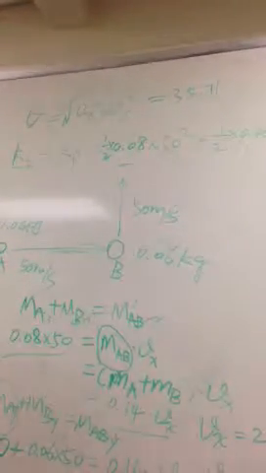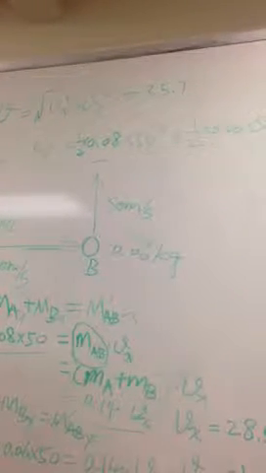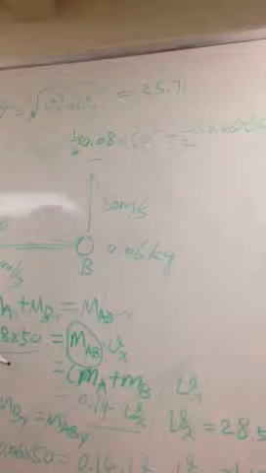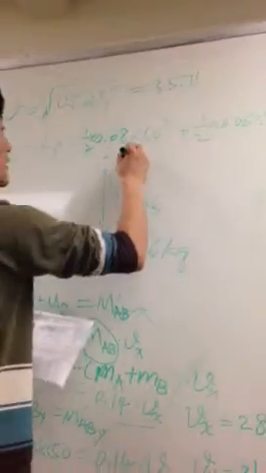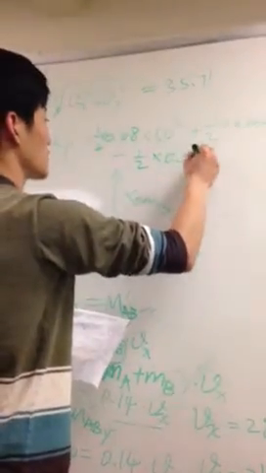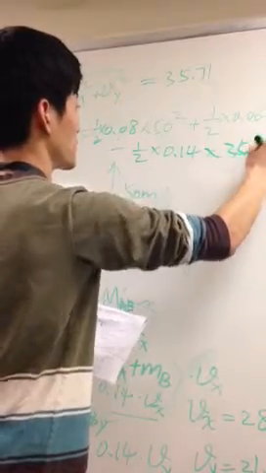And that's the initial one. And the final one is 1/2 times m times 35.71 squared.